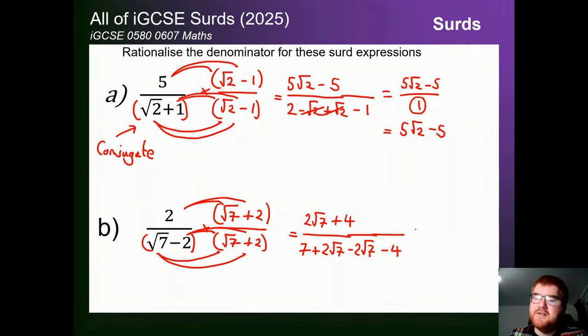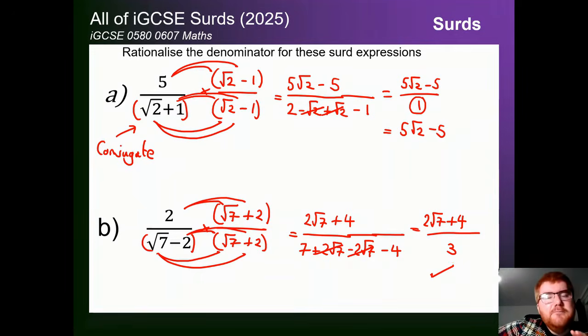Careful with negative numbers. Notice we get this great cancellation, leaving us with just 7 minus 4 on the bottom, which is equal to 3, a whole number, that's what we wanted. And then we get 2 root 7 plus 4, and that is our final answer. Again, they don't really get much more difficult than this on the iGCSE course.